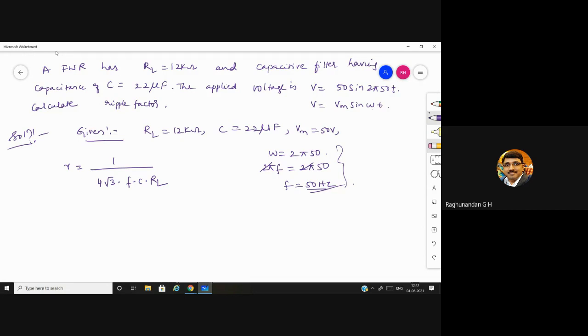Now they are asking to calculate the ripple factor. So substitute all the values whatever you have.